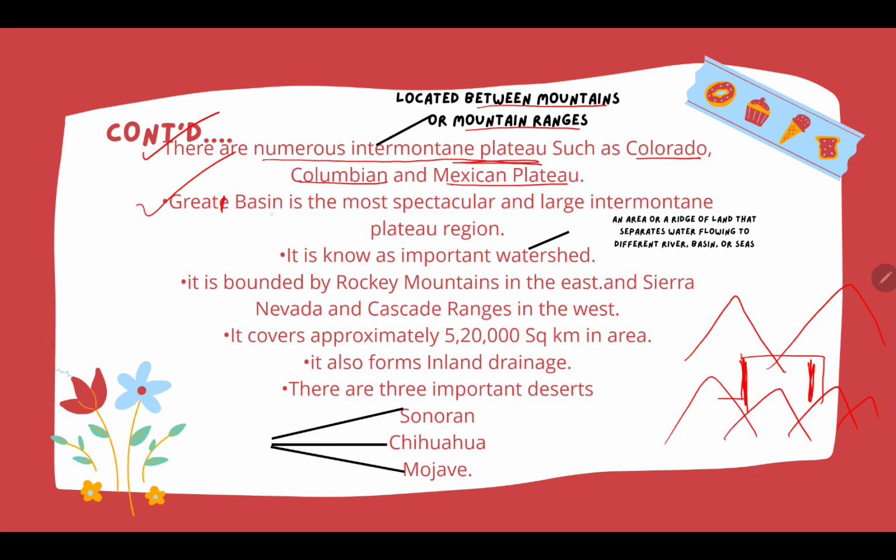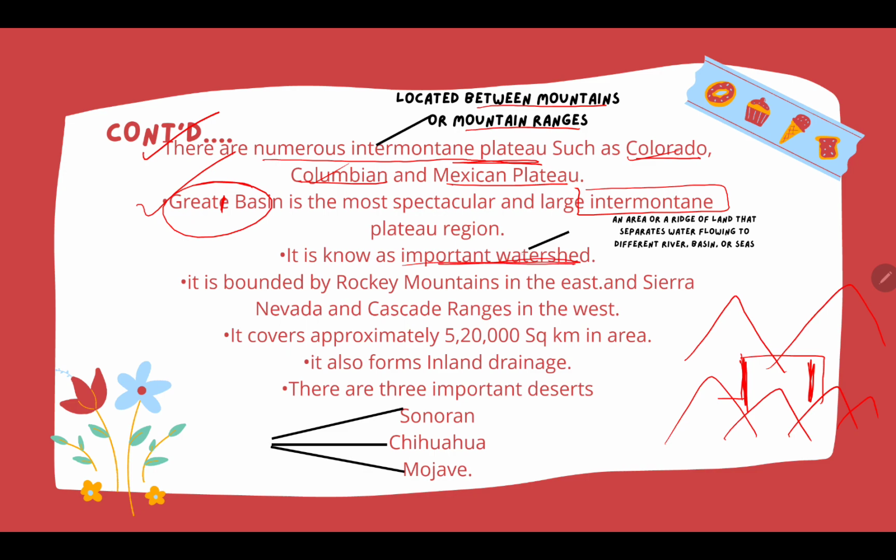The Great Basin is the most spectacular and large intermountain plateau. So which is the largest intermountain plateau in North America? If the question arises, you have to give the name of this one, the Great Basin. It is known as an important watershed.